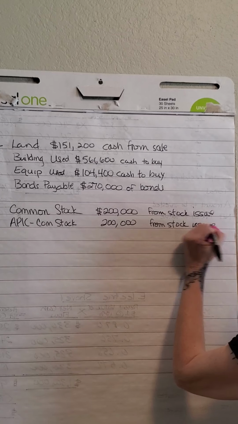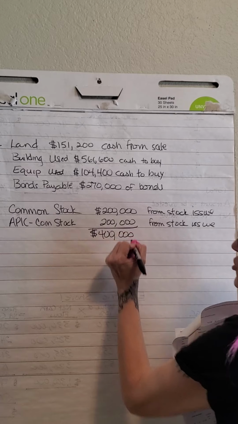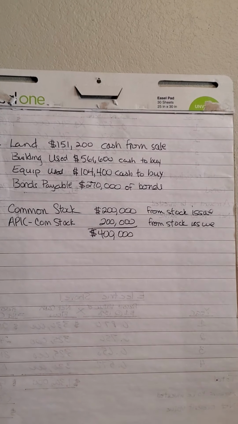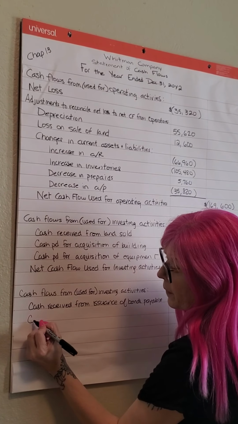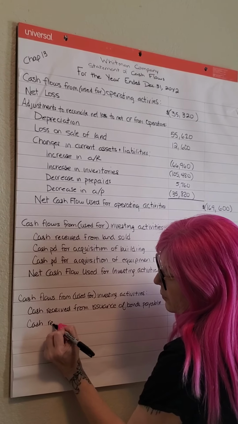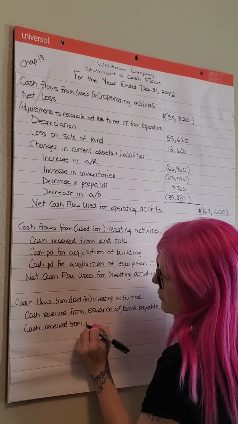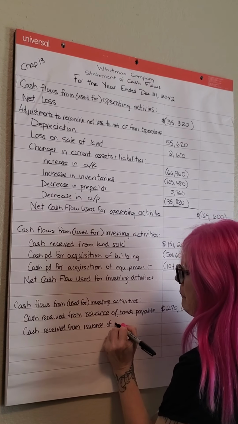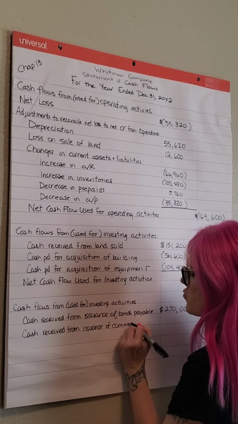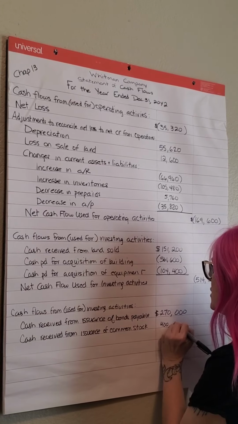So issuing this stock resulted in an additional $400,000 of cash coming in. So our next item on the statement of cash flows is going to be cash received from issuance of common stock. So that's an increase of $400,000.